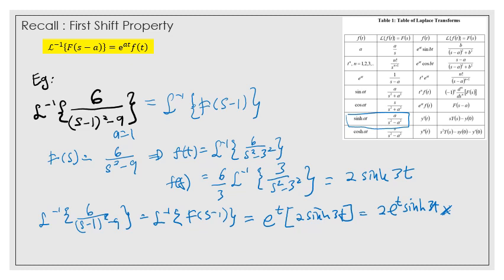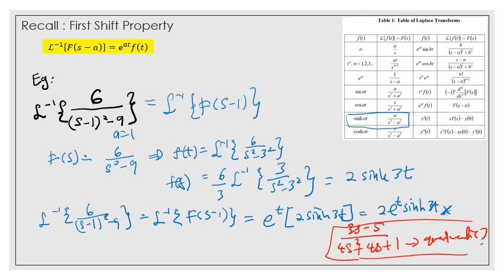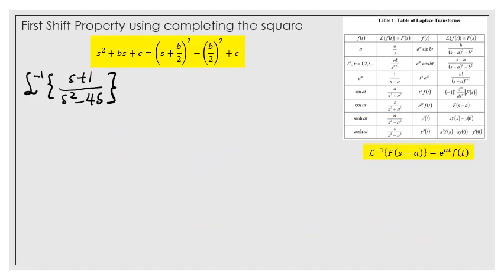So how about if we have a more complex function such as 3s minus 5 over 4s squared plus 4s plus 1, which is in the quadratic form? How do we rearrange it so that we get the form of s minus a? In this example, we will try to solve the quadratic form using the Cauchy property.